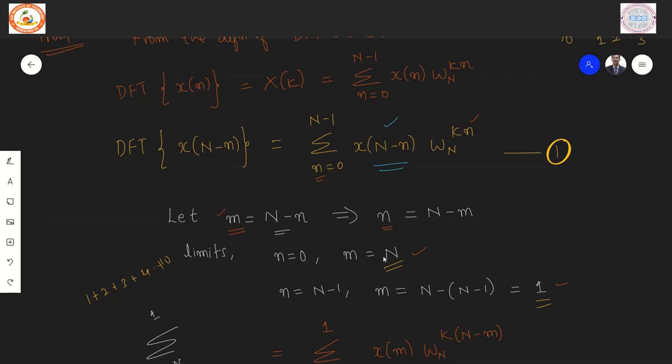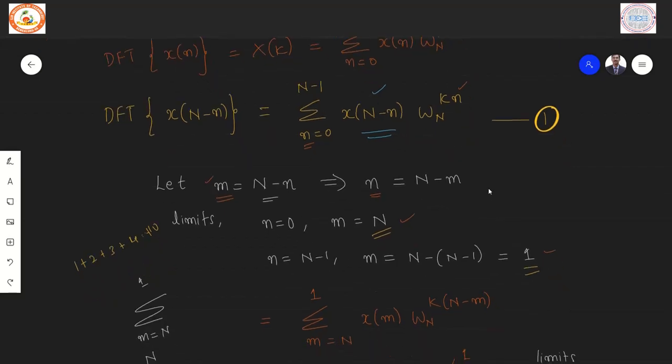So the lower limit, which was n is equal to 0, will now become m is equal to capital N on substitution. The upper limit, which was n is equal to capital N minus 1, on substituting in this case becomes m is equal to N minus the substitution for n, which is capital N minus 1. So solving here, we get the value as 1.